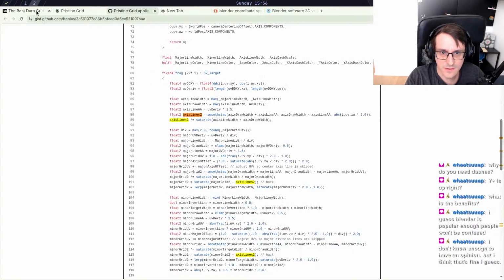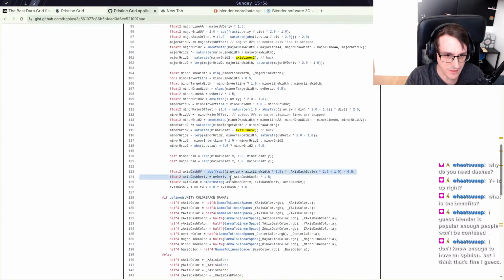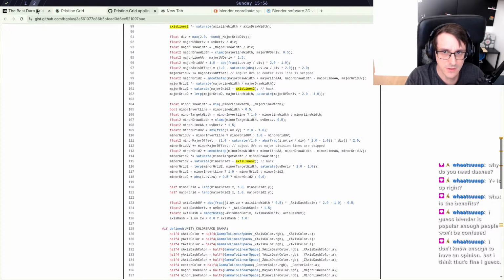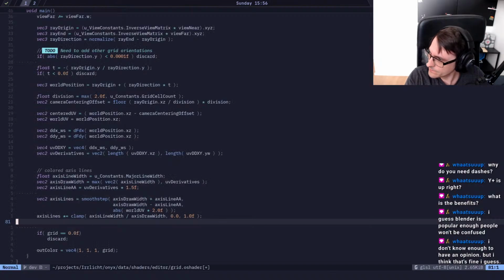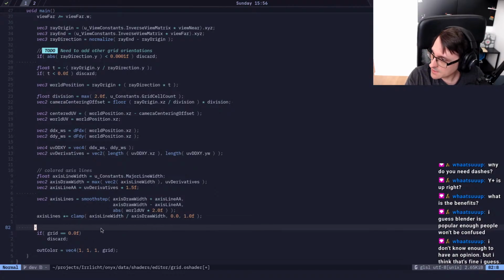And then he has here the dashes, right? So that would be the dashes, which we said we don't do. And then let's see if we can output that already.